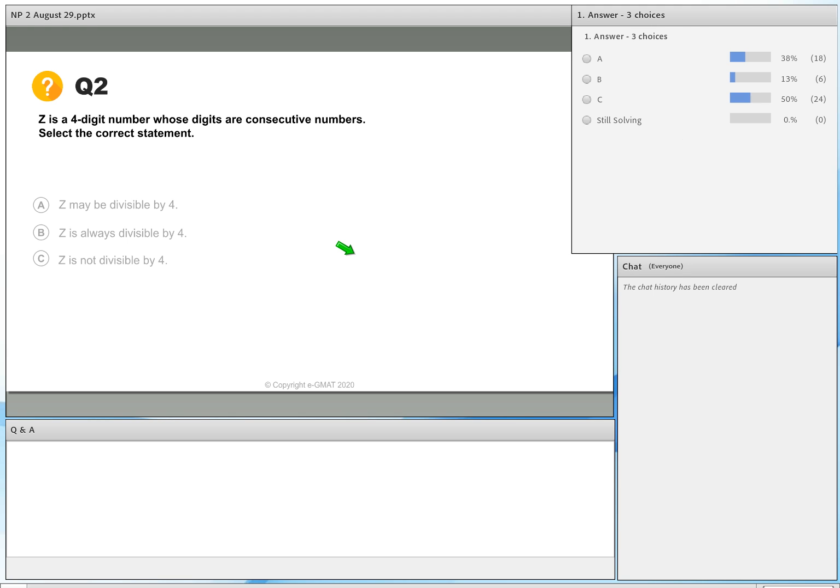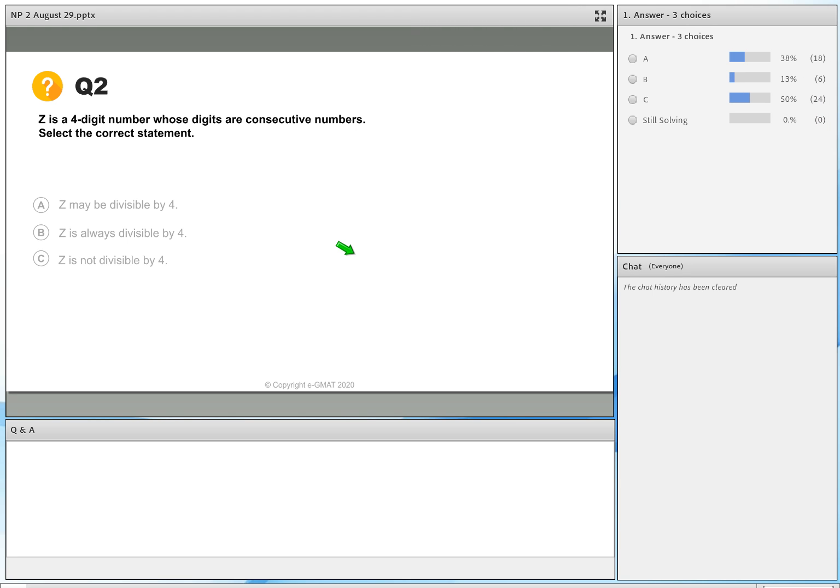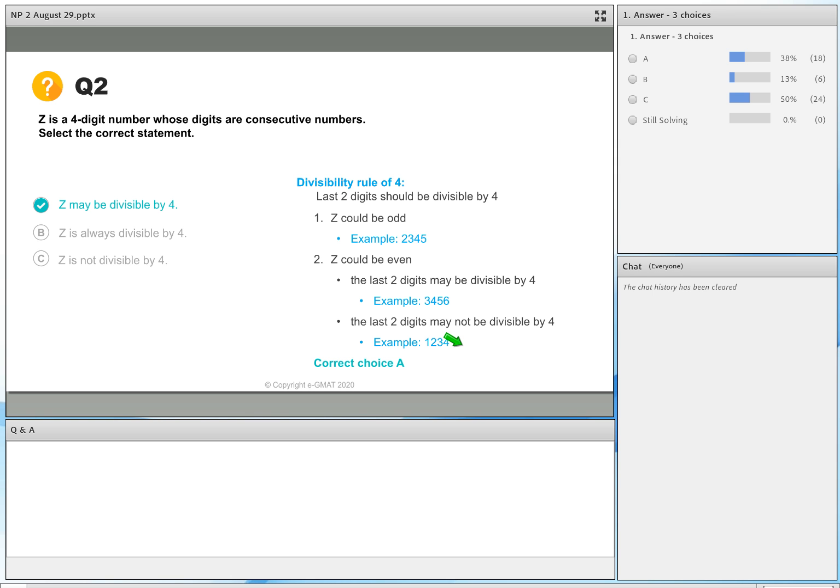Now this time, the vote is pretty interesting. There's almost a tie. C is the majority, yes, but A is a close follower, and then there is B. Here again, a lot of you are going to find out where you lag. Let's discuss this and find it out.